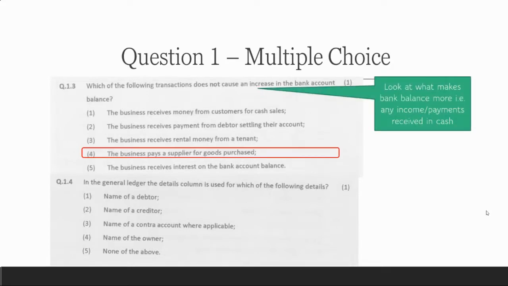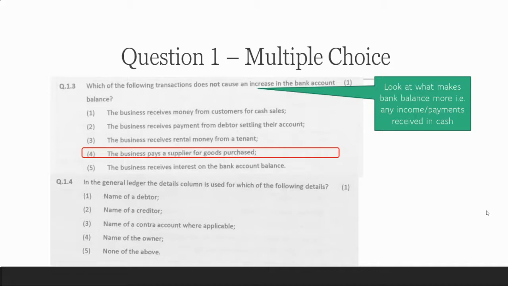What some of the students picked was number 2, because they read payment and didn't read the entire sentence carefully. In question 1.4, in the general ledger, the details column is used for which of the following details?